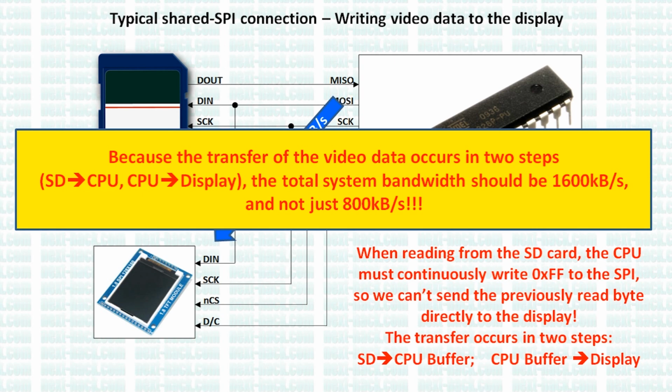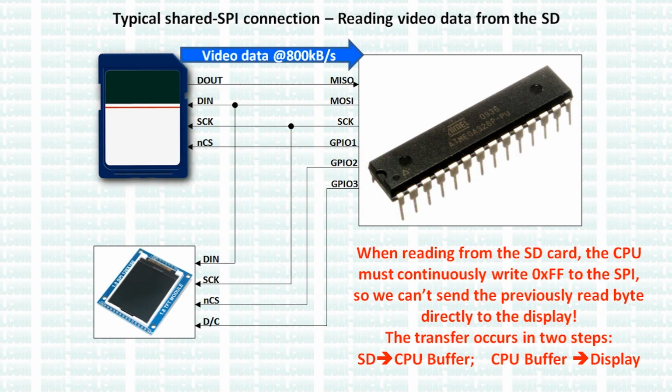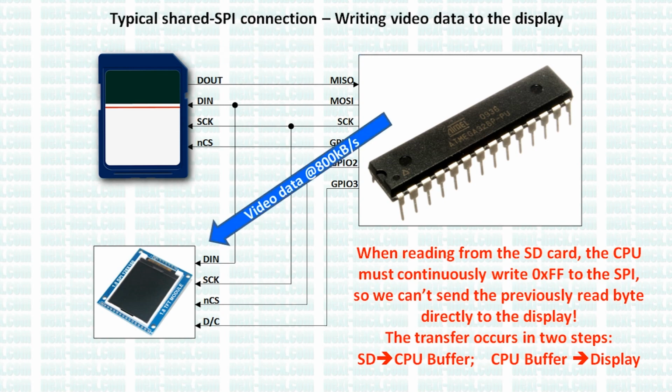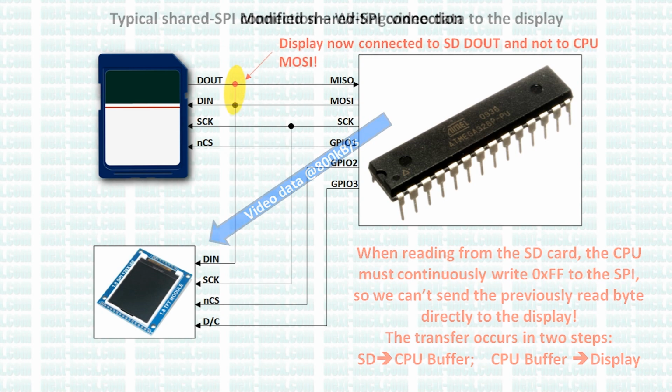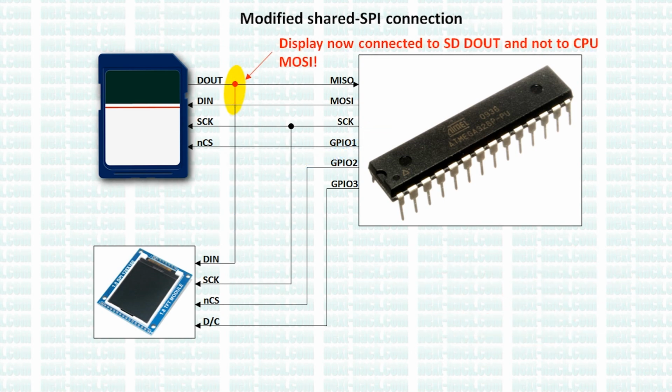However, since we do not need to perform any computation on the video data, such data doesn't even have to enter the CPU. And this is what we are going to do. Instead of transferring the data from the SD to the CPU and from the CPU back to the display, we can just connect the SD output line to the display input line.